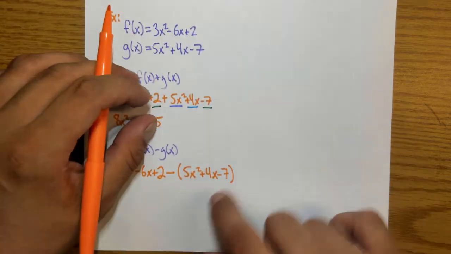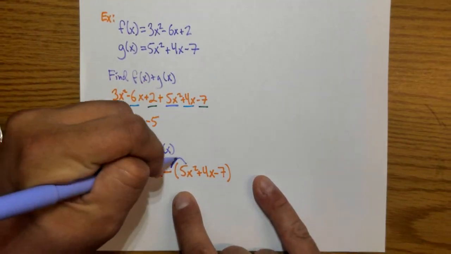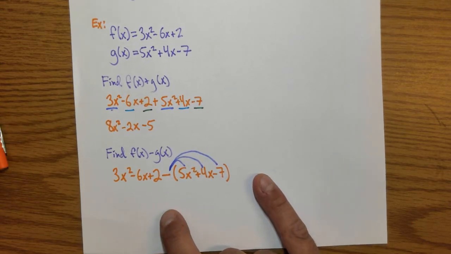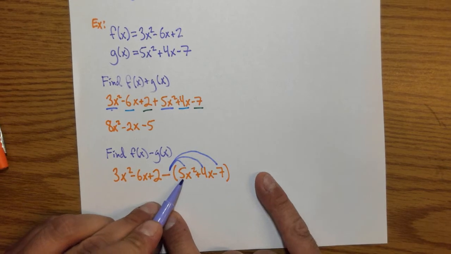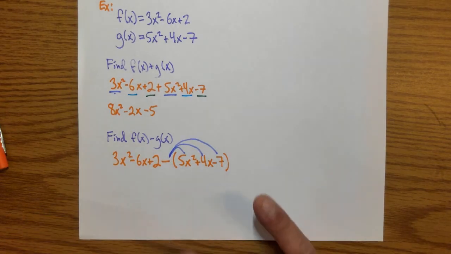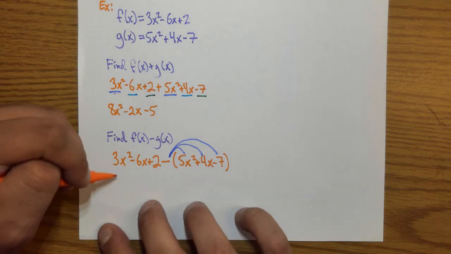So this is why I wrote it in parentheses, because we're going to want to distribute this negative to every single term in g of x. That's very important. You can't just give it to the first one. You have to distribute every single one. And what that's going to do is essentially subtract it for us, or change the signs, so then we can just combine like terms. So let's see here.